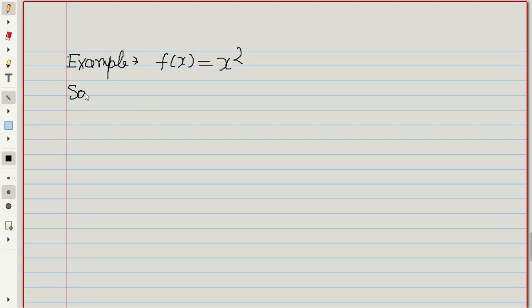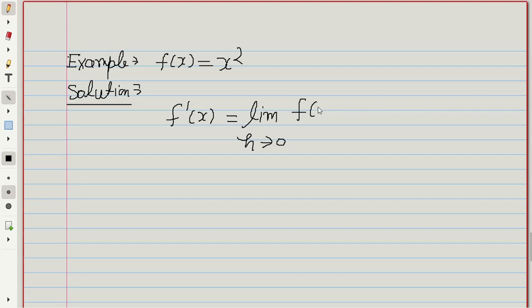So here, solution. As you know, the derivative of f(x) at point x is defined as f dash x is equal to limit h tends to 0 of f(x plus h) minus f(x) upon h.